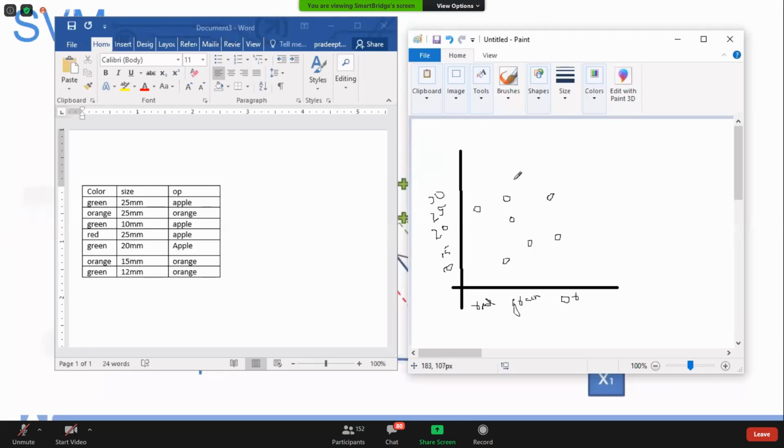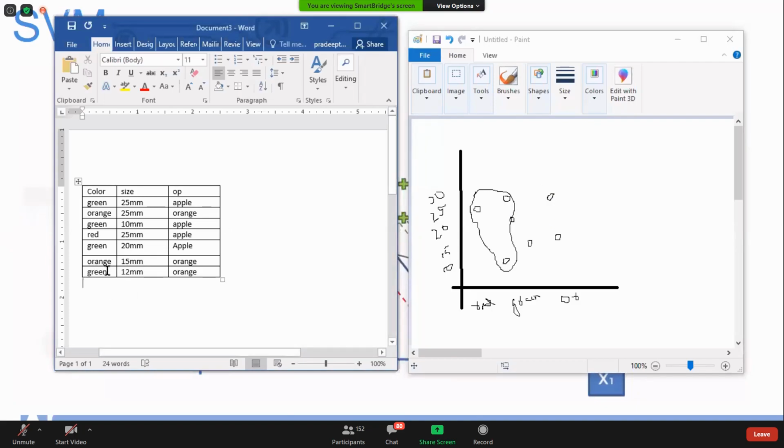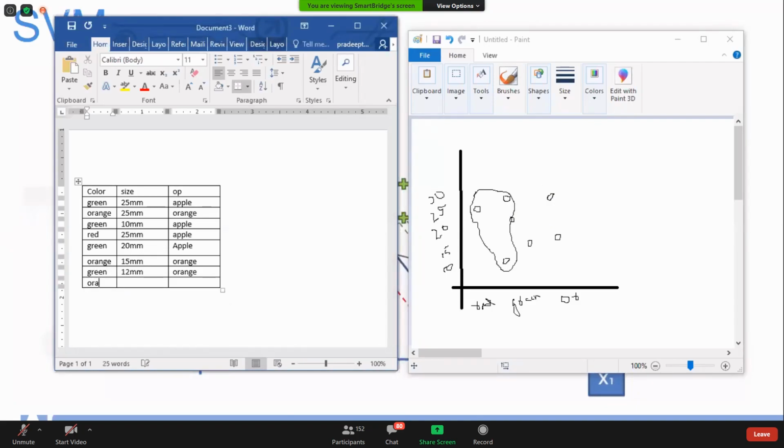Yes or no? So actually, these are some sort of correct looking apples, right? Now let's suppose I have another color, some sort of orange color, 13 millimeters. I call it as apple.